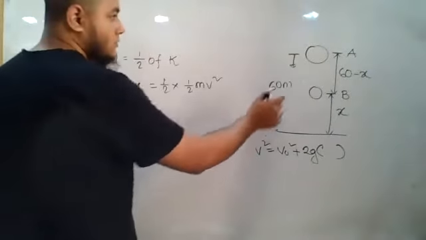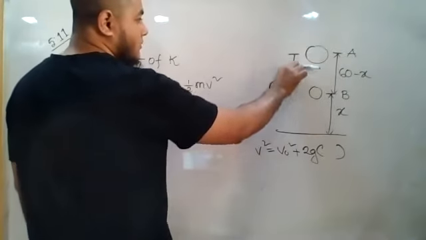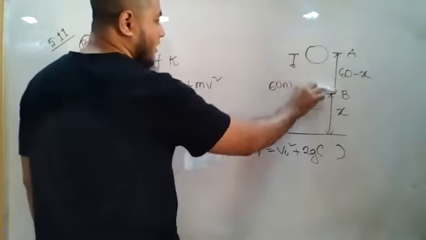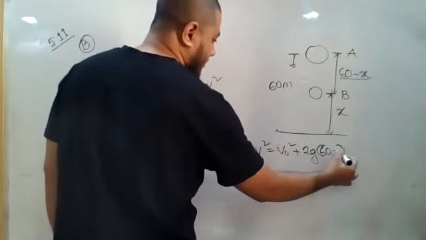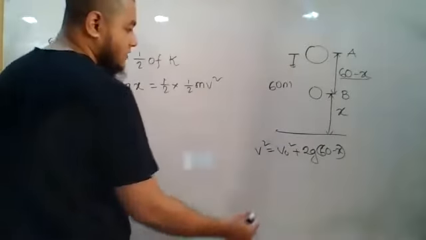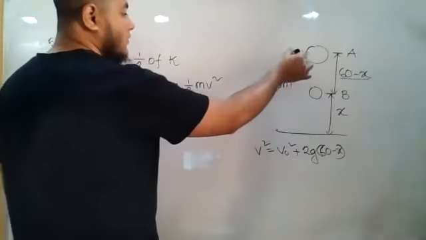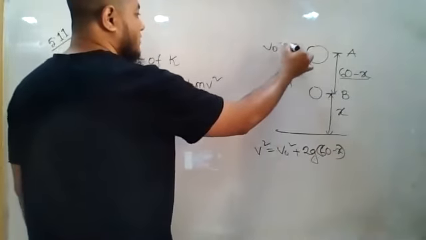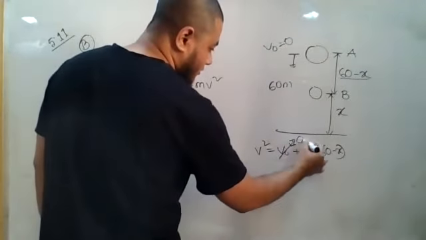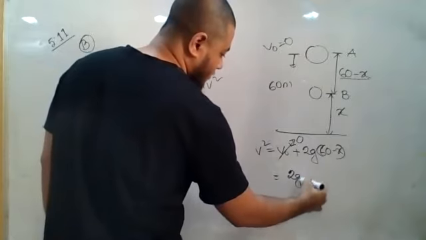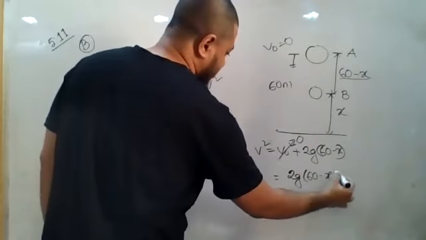So the body was at this position, now it is at this position. So what is the distance that it has covered? 60 minus x, right? So we will put 60 minus x here. Now we always consider that it was falling from rest, so the initial velocity is 0. So v naught square will become 0 and it will be 2g into 60 minus x.